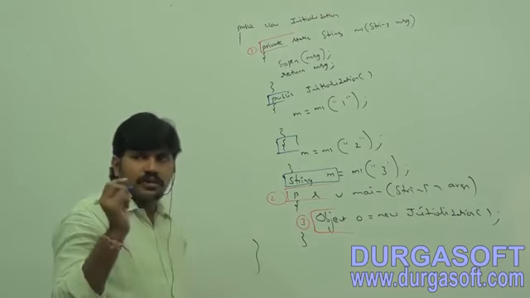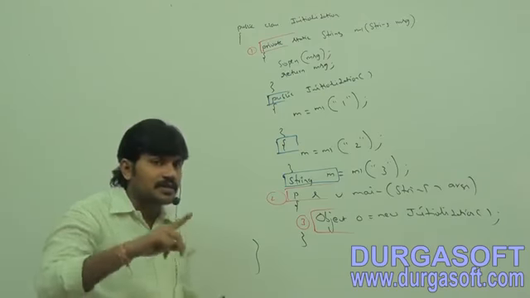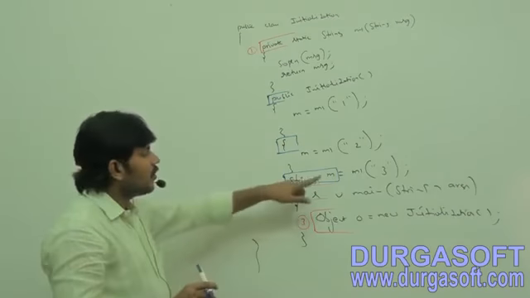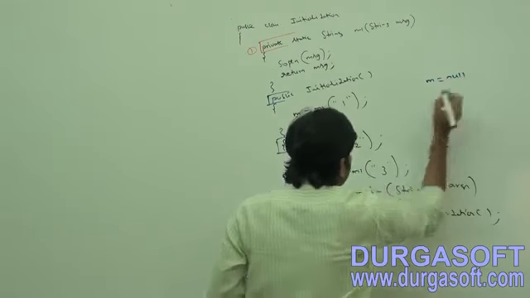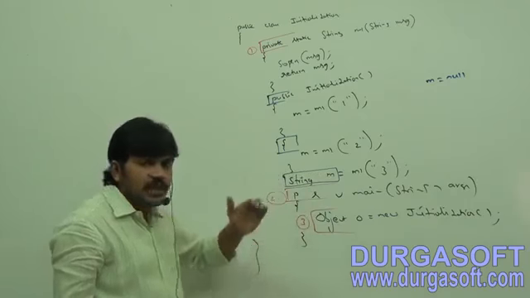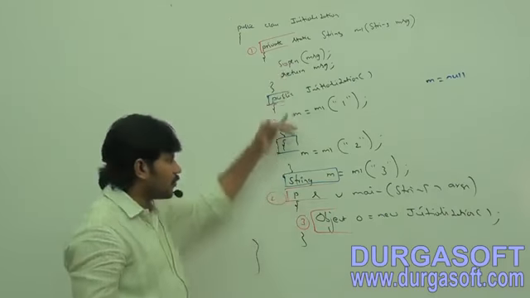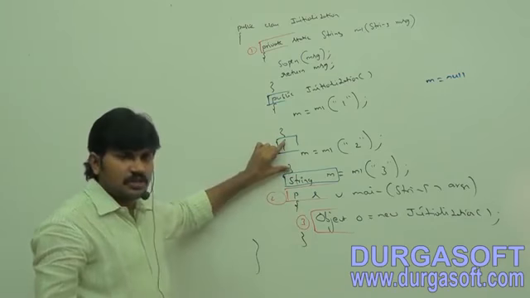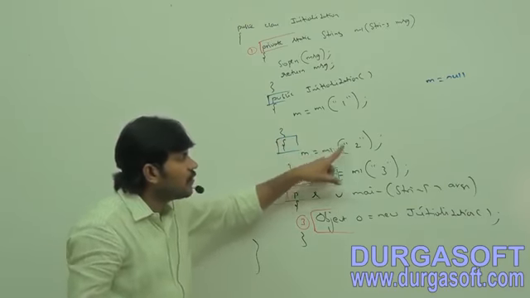Next, execution of instance variable assignments and instance blocks from top to bottom. Now m is an instance variable, and the JVM assigns the default value null because it is a string type. Now the instance block will execute first because it came first. m is equal to m1 of 2.